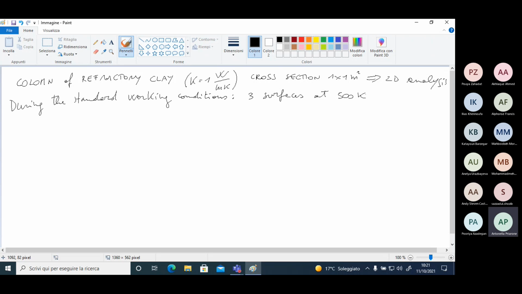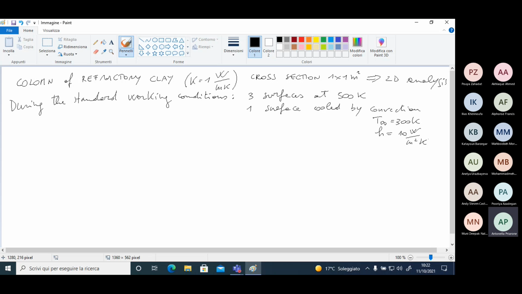And one exposed surface cooled by convection, with a T infinite equal to 300 Kelvin and H equal to 10 watt per square meter Kelvin.